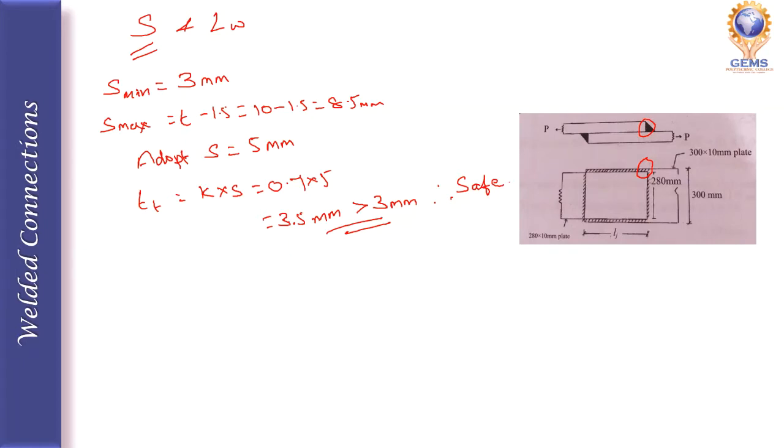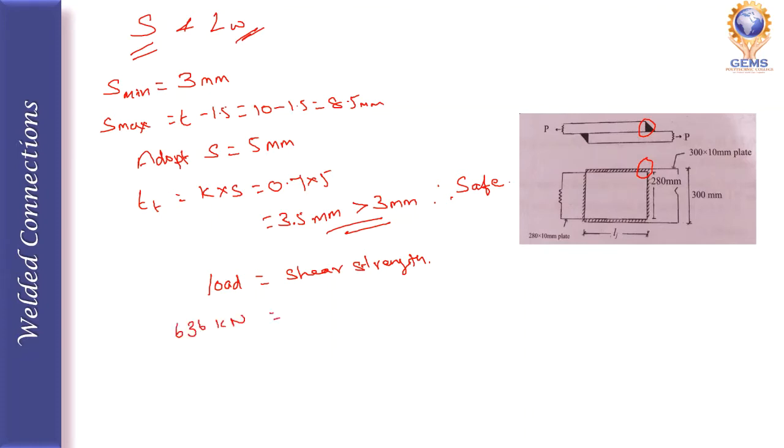Then how can we find the Lw? By equating load to the shear strength of the fillet weld. So load, we found the load earlier. What is it? 636 kilonewton.